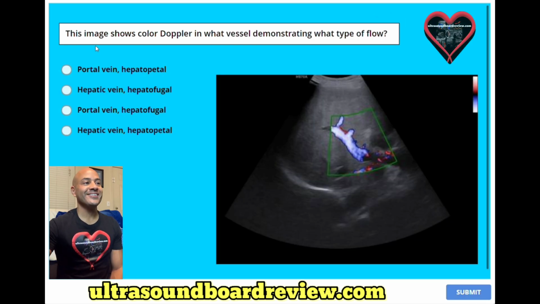Question 109. This image shows color Doppler in what vessel, demonstrating what type of flow? A, portal vein and hepatopedal. B, hepatic vein and hepatofugal. C, portal vein and hepatofugal. Or is it D, hepatic vein and hepatopedal?